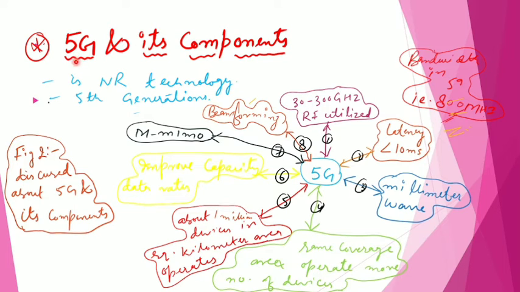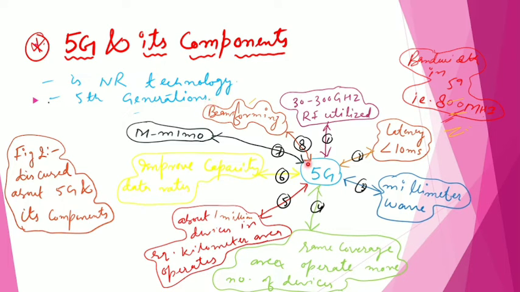Here we will discuss 5G, and we also compare 5G components with 4G. 5G is a new radio technology, and it improves the 4G services and also implements some new technologies. 5G is the fifth generation mobile network communication system.